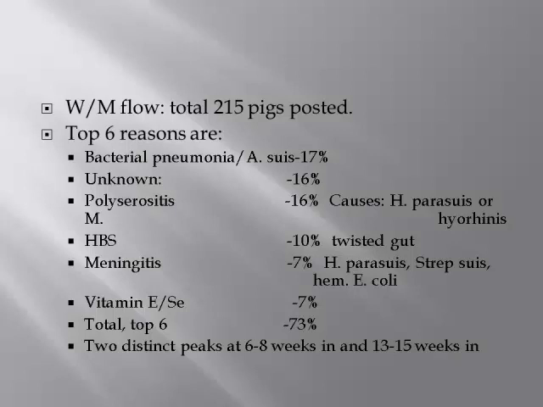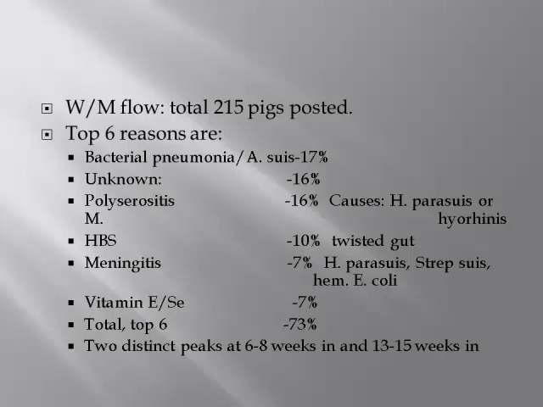Then polyserositis, of course, which might be Parasuis or Mycoplasma hyorhinis, HBS or twisted gut, and meningitis, and I have some reasons there that meningitis might be coming in. In Michigan, of course, we are horribly deficient in vitamin E and selenium, so we still get mulberry heart disease. Our top 6 reasons in that flow were 73%.